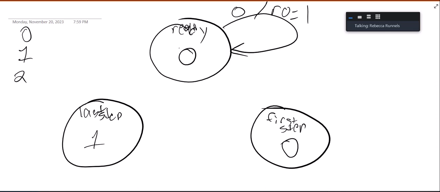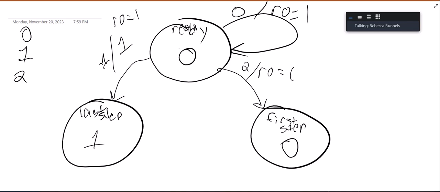If you are in state 0 and you get type 1, you go here, and you'll be ready on the next clock cycle because it only takes 1 clock cycle. So you received a task 1, and R0 will equal 1. If you get task 2, you'll go here, and R0 will equal 0 because you're not going to be ready on the next clock cycle, since this one has another step before it can go.